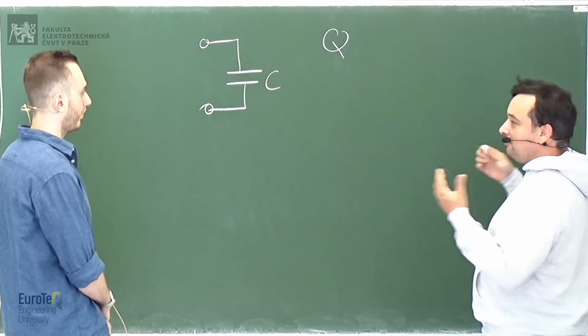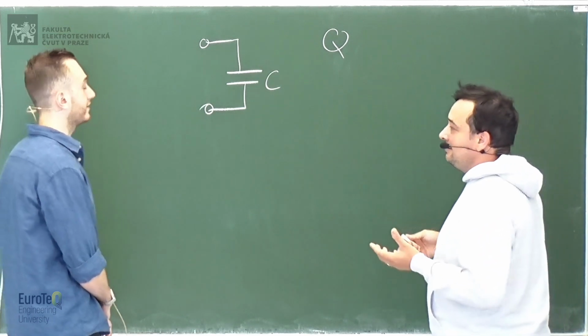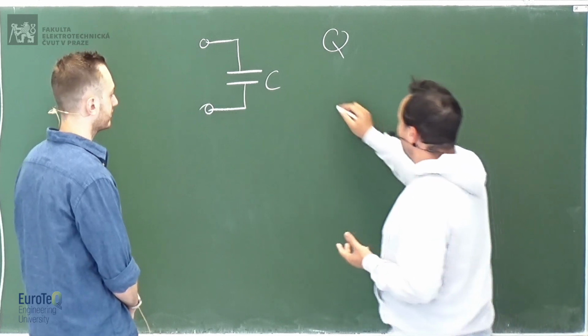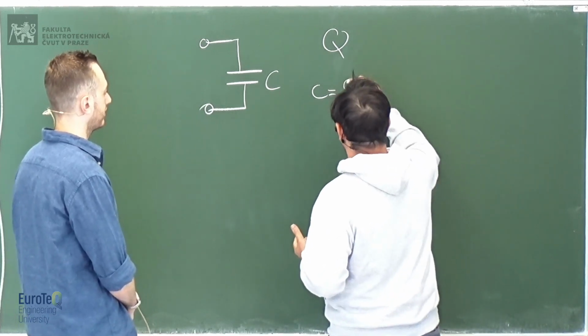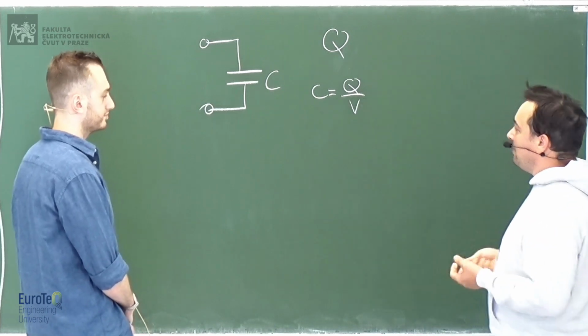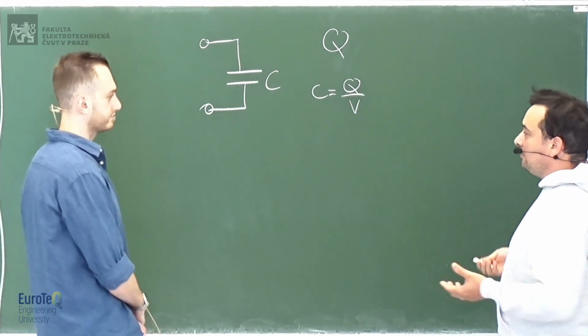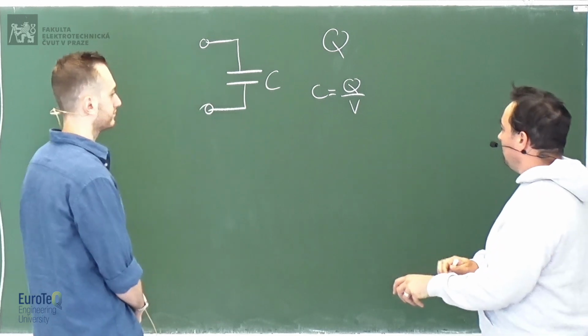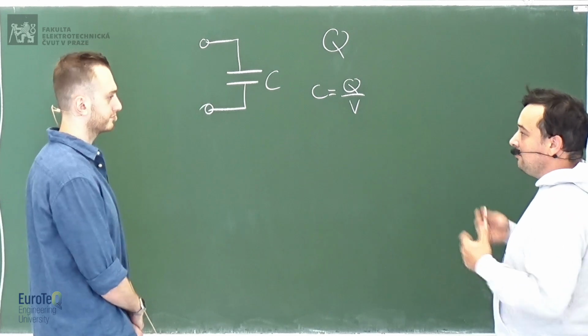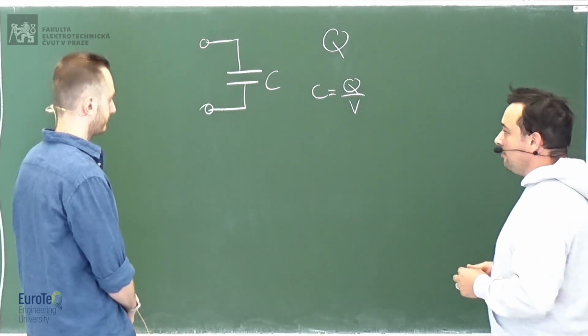The charge that you can put in the capacitor is the charge, and then it's also divided by the voltage in the capacitor. So the capacitance is how much charge you get on your capacitor per unit of voltage. So you have 1 volt, it corresponds to some charge. You double the voltage, you double the charge.